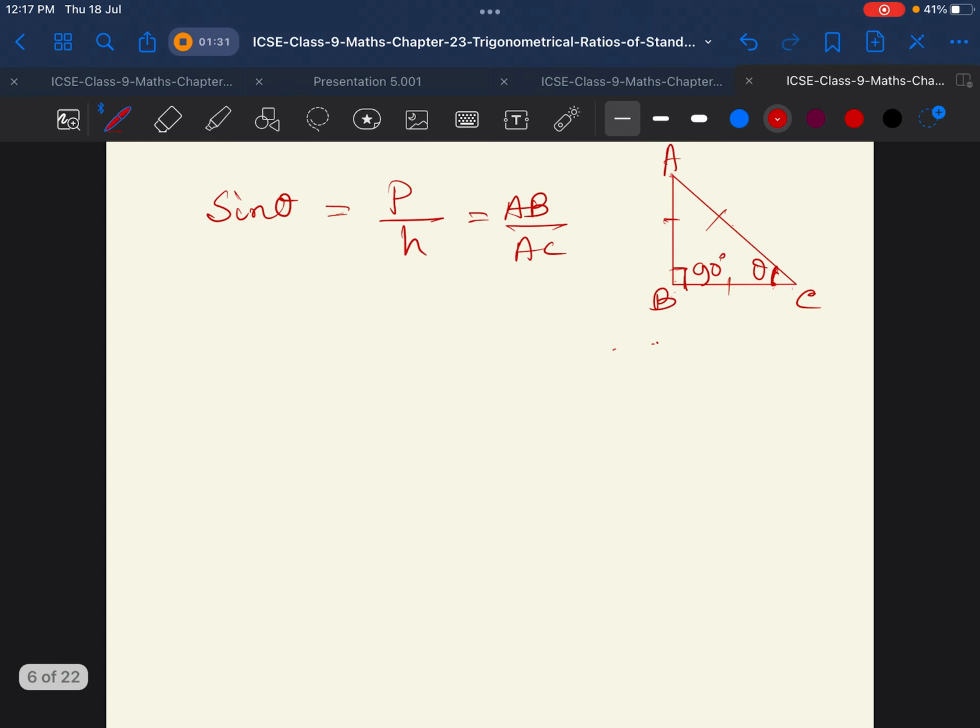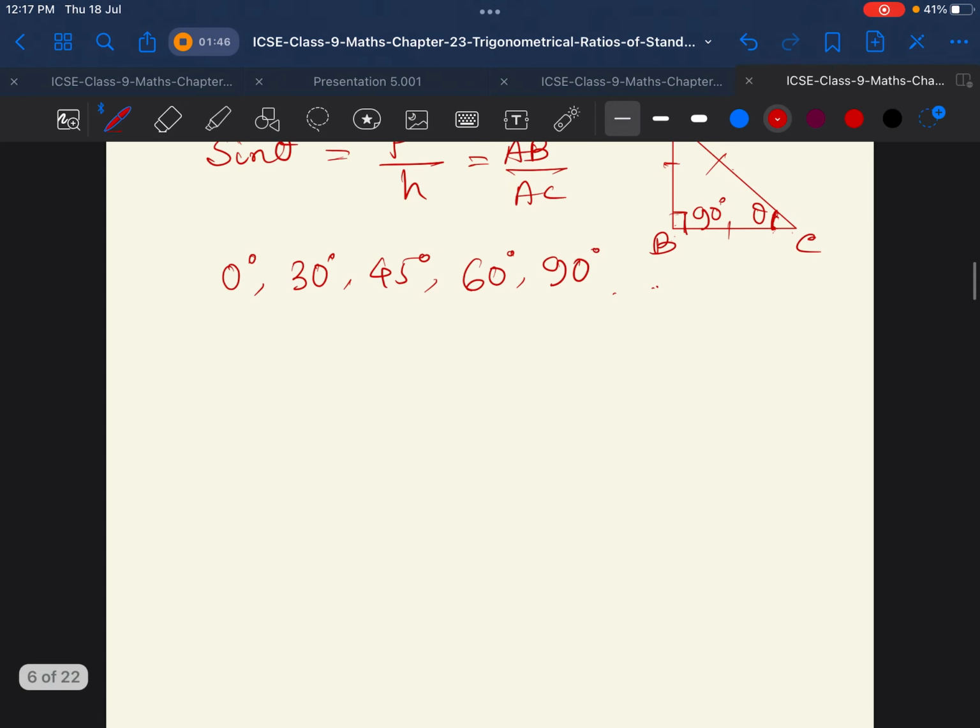In this chapter we take only the standard angles: 0 degree, 30 degree, 45 degree, 60 degree and 90 degree.